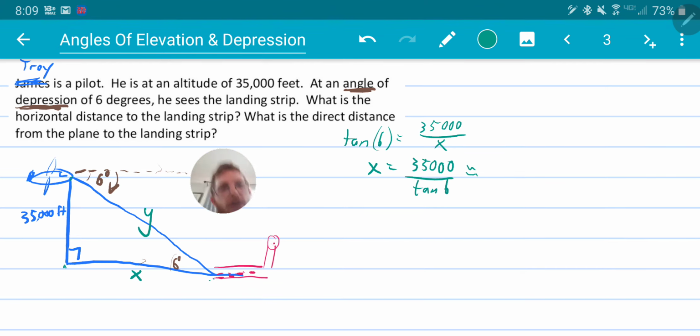And if I type that in my calculator, making sure my calculator's in degrees, it is 35,000 divided by tangent 6.